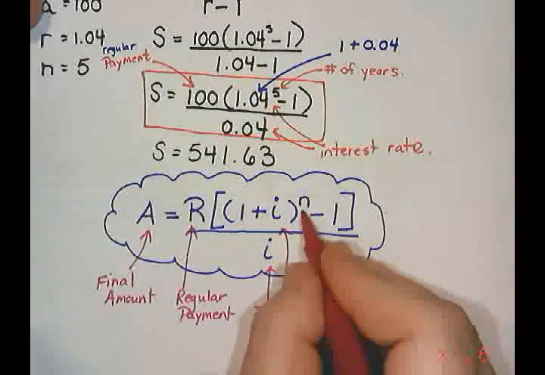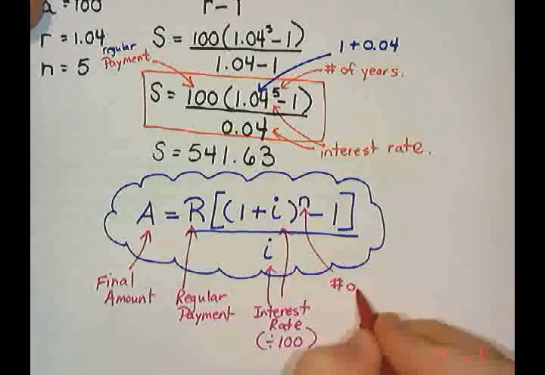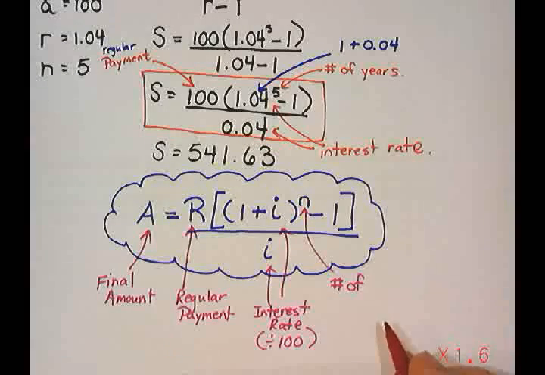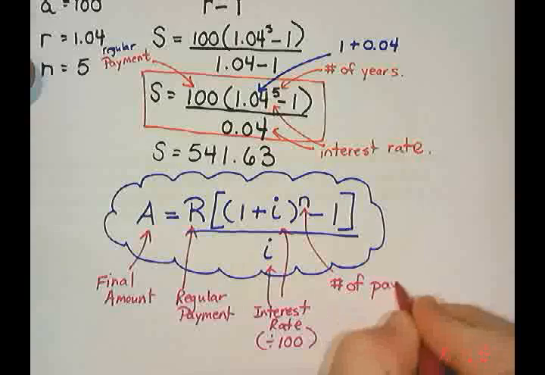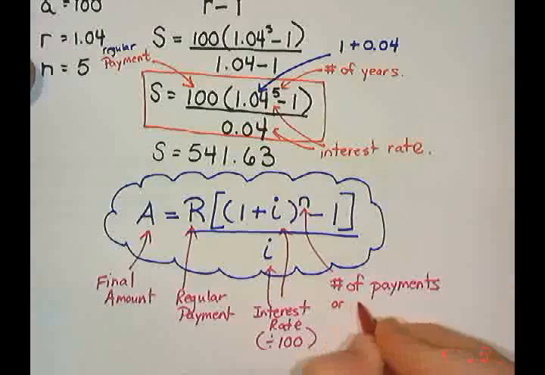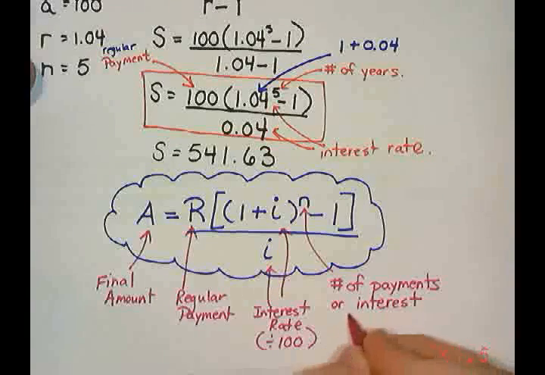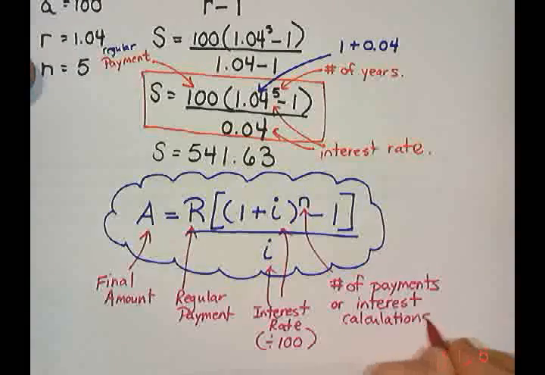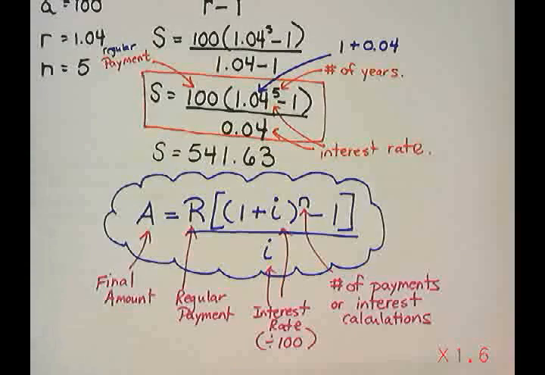And then N is the number of years or the number of payments or the number of times that our interest is being calculated. I'm just going to say it's the number of payments or interest calculations. Now the ones here and here are just simply ones.